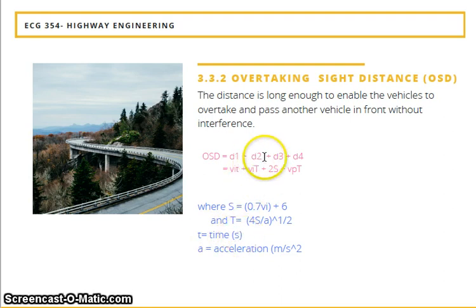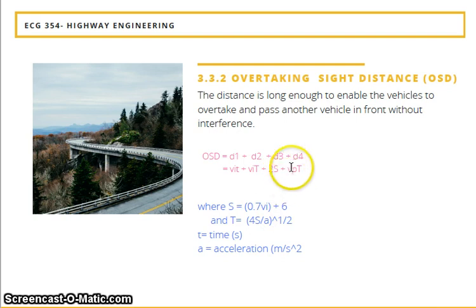D2 equals Vi T plus 2S, where the capital T equals the square root of 4S over A, and S equals 0.7Vi plus 6.